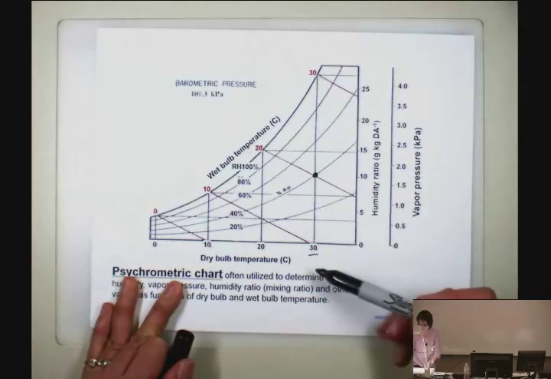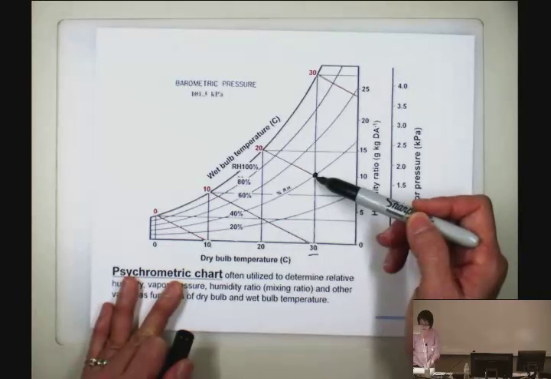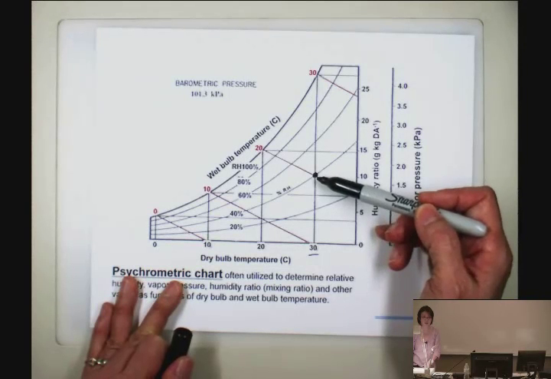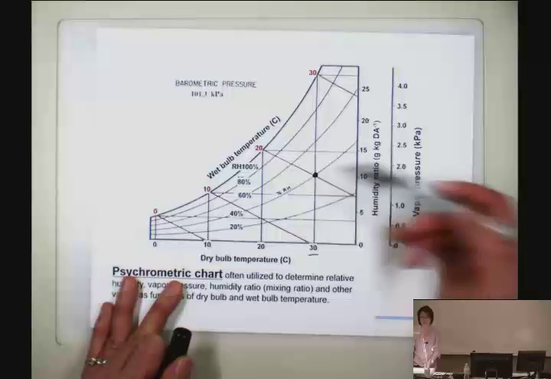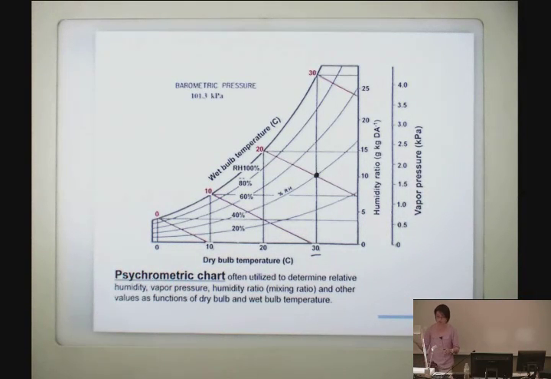Therefore, my air of 30 degrees C, 40% relative humidity has a wet bulb temperature of 20 degrees C, right? So if I have an evaporating surface, then it's likely to have that low temperature, 10 degrees C lower, right?